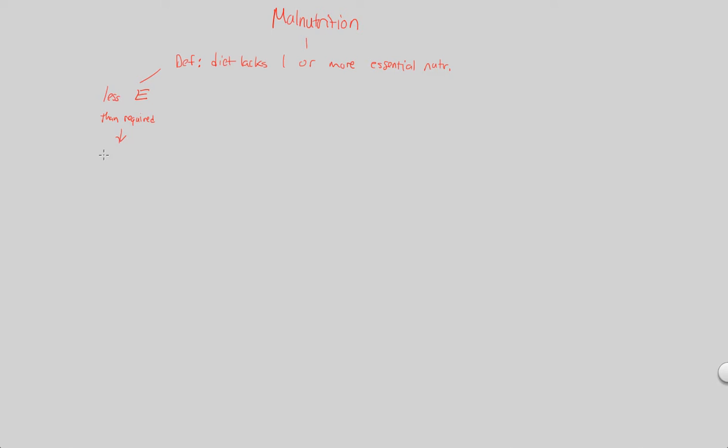This is often referred to as not only malnutrition, but also specifically as undernutrition. So the distinction here is that undernutrition, as a type of malnutrition, focuses on the lack of energy than the amount that's required. So that would be labeled as undernutrition as a result of lacking one or more essential nutrients.